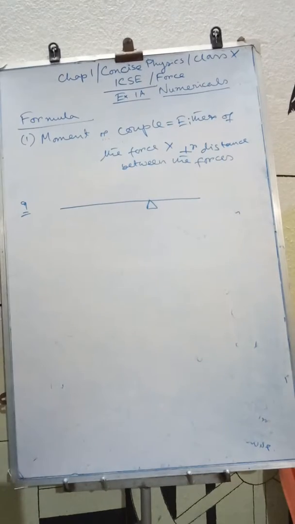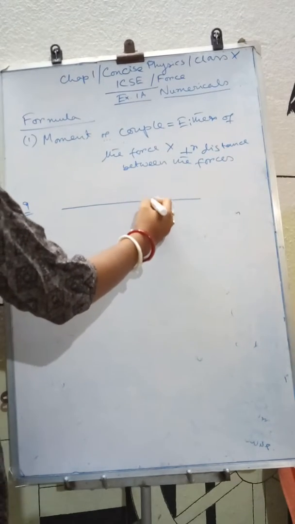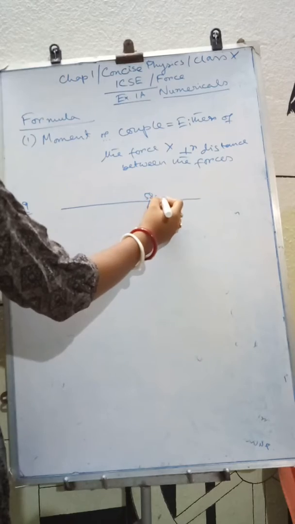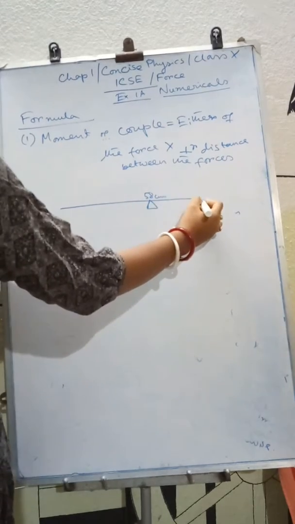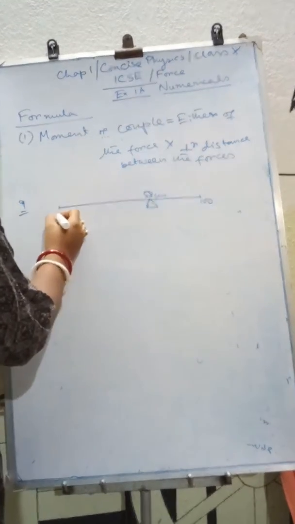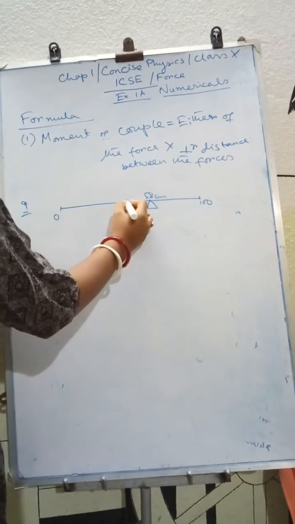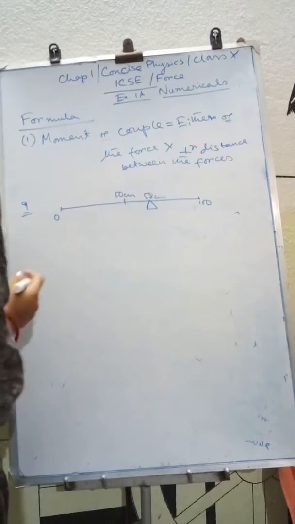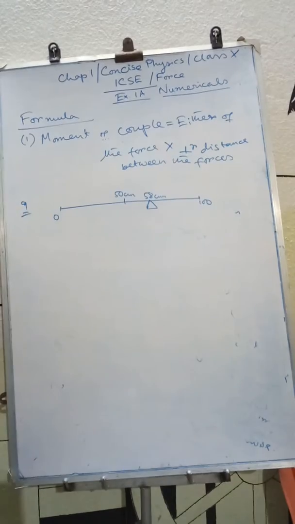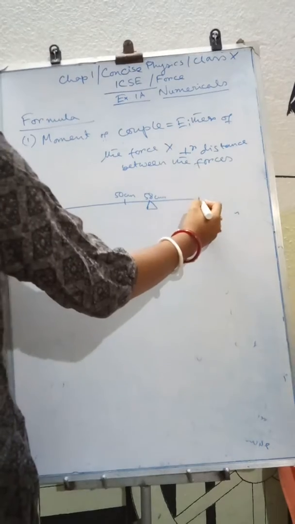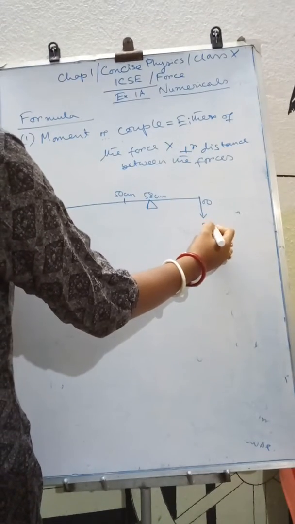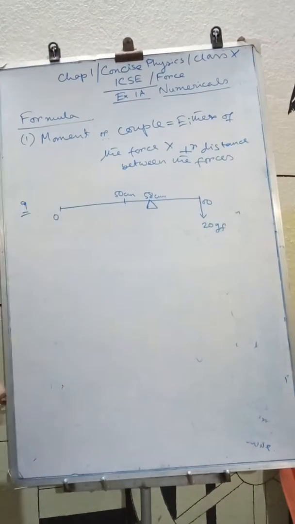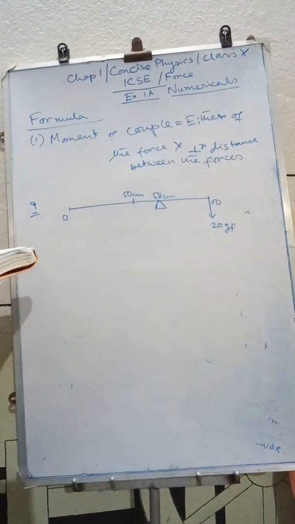It balances horizontally on a knife edge placed at 58 centimeter mark and the weight of 20 gram force is suspended from one end. So this one is the diagram. Now what is the weight of the rule?